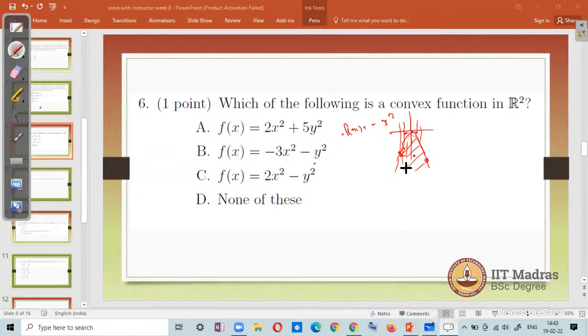So that is a convex set, right, even if the function is not convex?